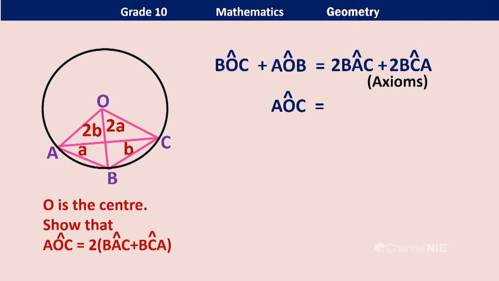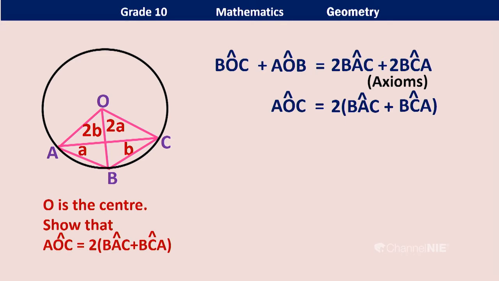So, instead of angle BOC plus angle AOB, I can write angle AOC, and then I have 2 in common, 2 into angle BAC plus angle BCA. So, that is what they have asked us to show in the question. We got the relationship of angle AOC equals twice the sum of the angles BAC and BCA.